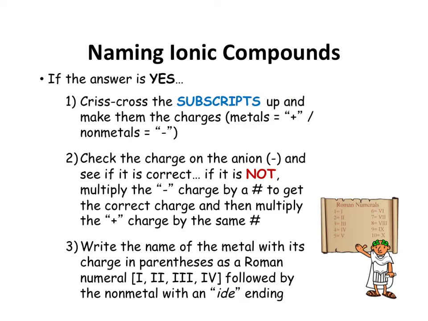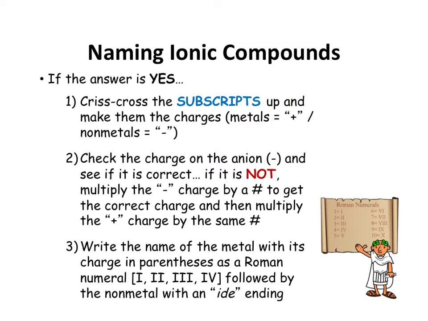The next thing you do is you check the charge on the anion, the negative. Okay, you don't worry about the positive one right now. You look at the anion, the negative charge, and you see if that really is the charge of that element or that polyatomic ion. If it's correct, you move on to step 3. If it's not, you have to multiply that charge by a number to make it the correct charge.